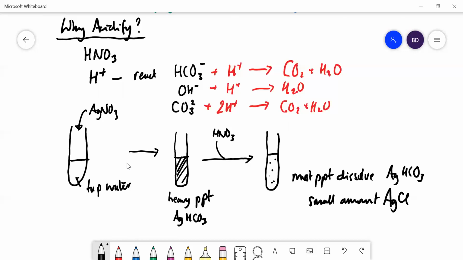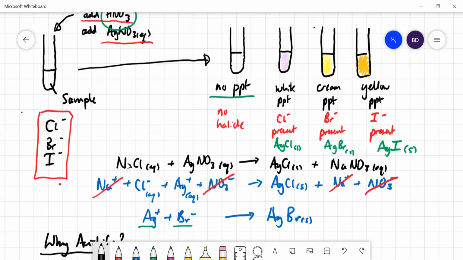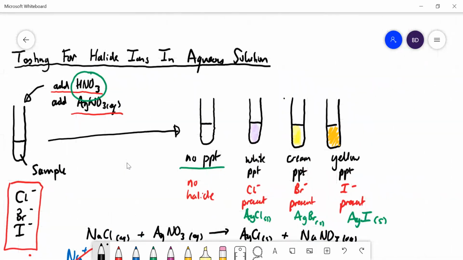Right, now let's get onto here. You can see you've got a white precipitate, a cream precipitate, and a yellow precipitate, and there's obviously a bit of confusion there. To help you distinguish, you add ammonia solution to these precipitates.